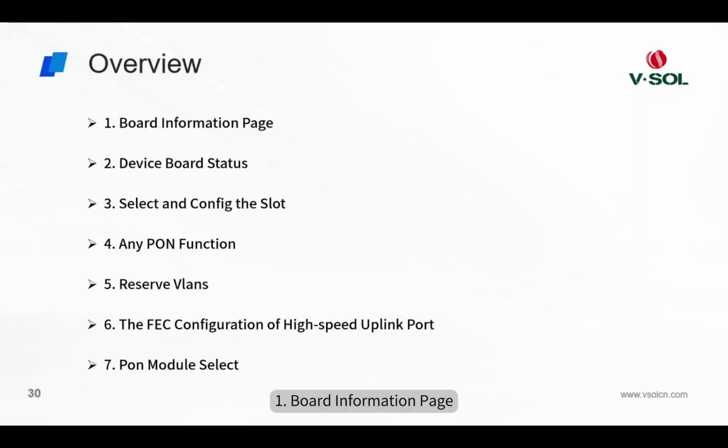First, board information page. Second, device board status. Third, select and configure the slot. Fourth, any PON function. Fifth, reserve VLANs. Sixth, the FEC configuration of high-speed uplink port. Seventh, PON module select. After a brief understanding, let's continue.